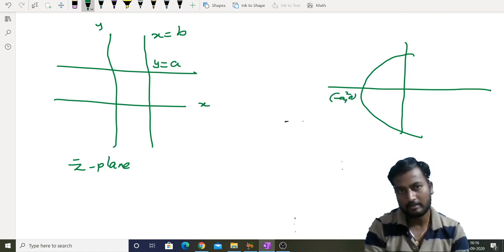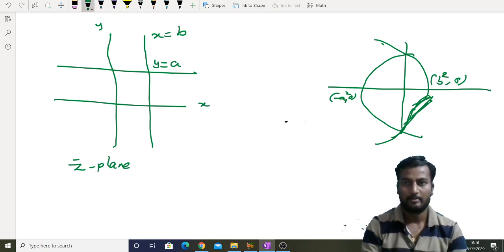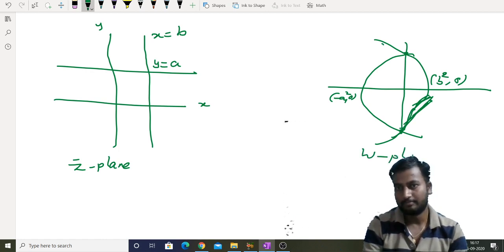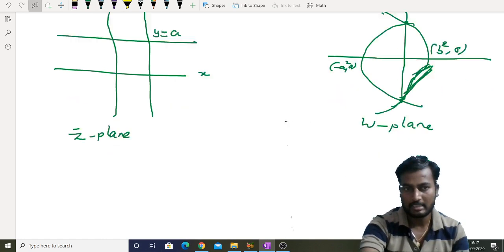When a line parallel to the y axis, x equal to b, is mapped to one parabola, b square comma 0. So these two intersect at these points. So this is the w plane. Is it clear?